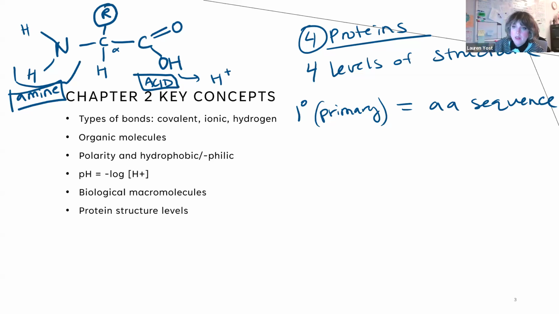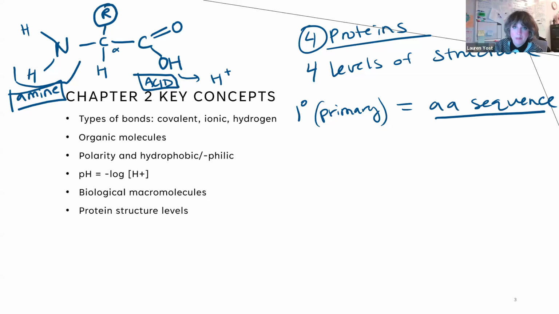We'll figure out in Chapter 6 how we code that in your DNA. But basically, of those 20 different amino acids, when you build your protein, you have methionine, alanine, cysteine, glutamate, asparagine, whatever you have for your amino acid code, that's your primary sequence.